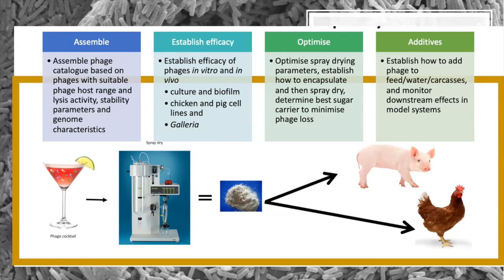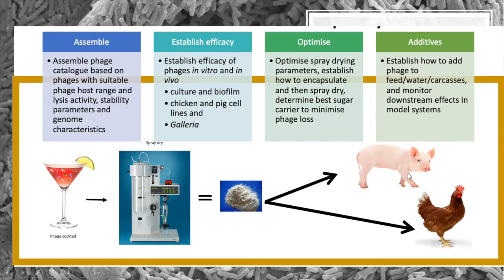After that, we'll optimize spray drying parameters. Basically, the essence of this is to formulate the phages into powder form, and then eventually add them into the feed, so the whole idea is to form these additives that we can add to pig and chicken feeds, as I've mentioned.